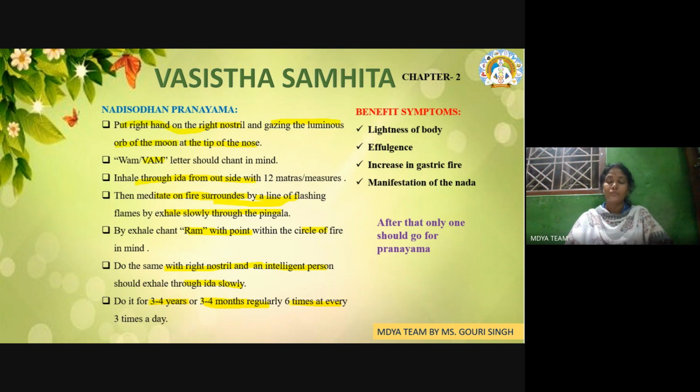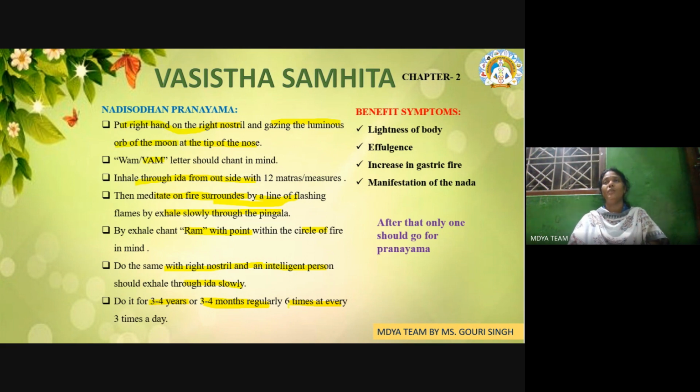If one continues like this, then after 3 to 4 months regularly, maybe he gets his nadisudhi, means his nadis will be cleared. Otherwise, it may take 3 to 4 years.